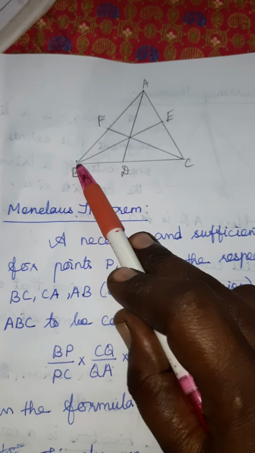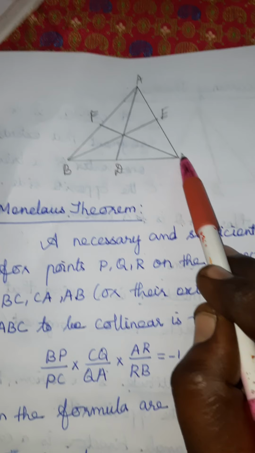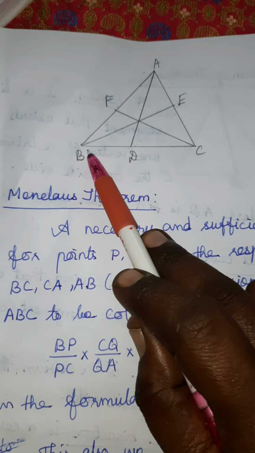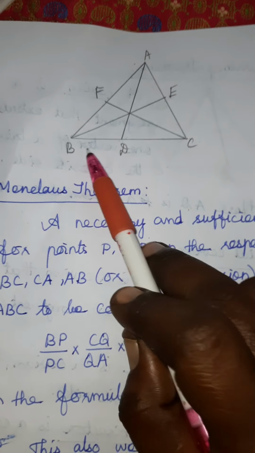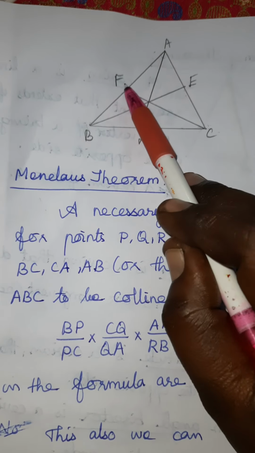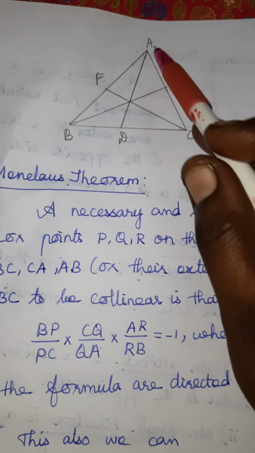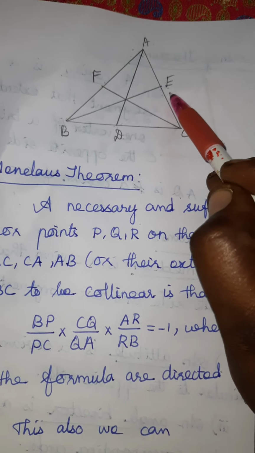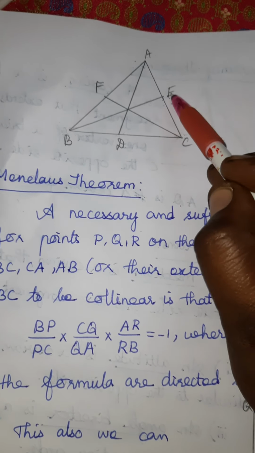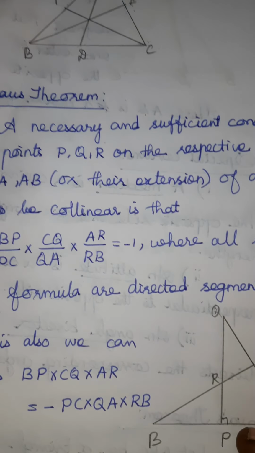When from one place you are starting and going in the same order, one by one you are taking the length. The ratio for each side, BD divided by DC. This is a straight line, so we are taking the ratio here. Then CE divided by EA. Next, AF divided by FB. You should not change the order. Don't think of CE divided by AE. AE means the direction will differ, so you will not get 1. It may be minus 1. So EA, that is the only correct one. Understood? That is Ceva's theorem.